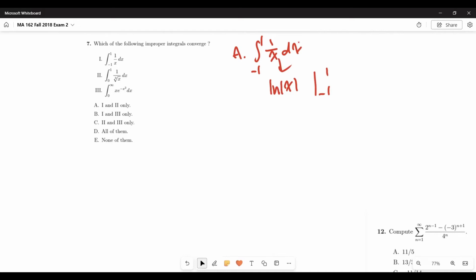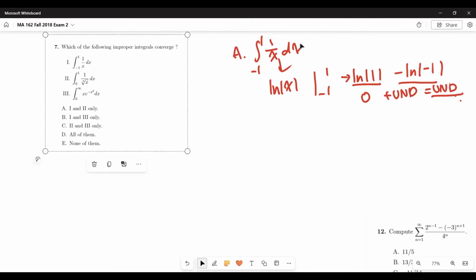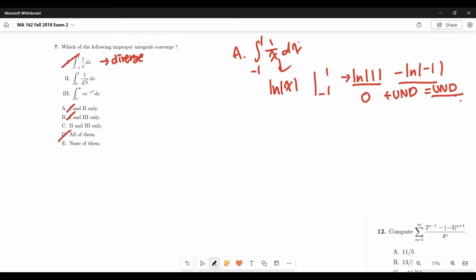So this becomes ln 1 minus ln of -1. ln 1 is 0, and ln of -1 is just undefined, right? So 0 plus something undefined is undefined, so this is diverging. I'm just going to move it down here, diverge. This is not it, so option A is gone.